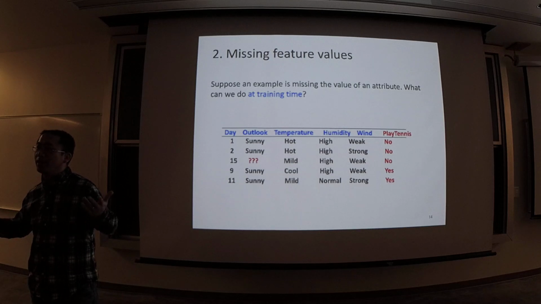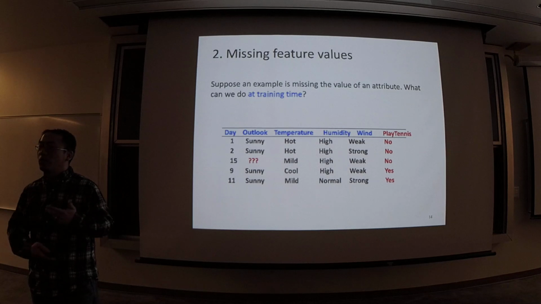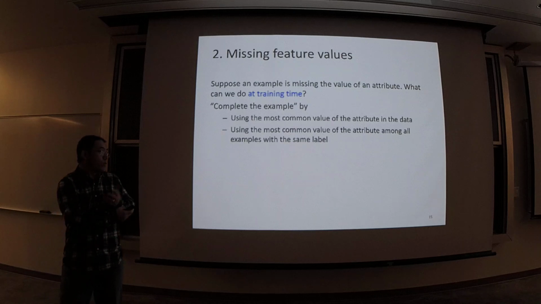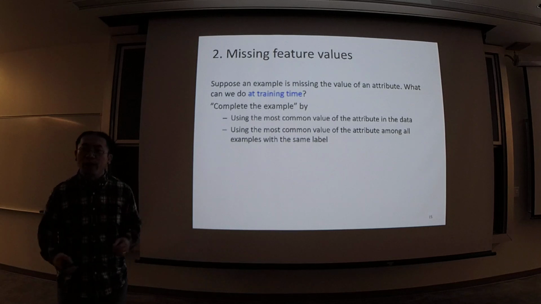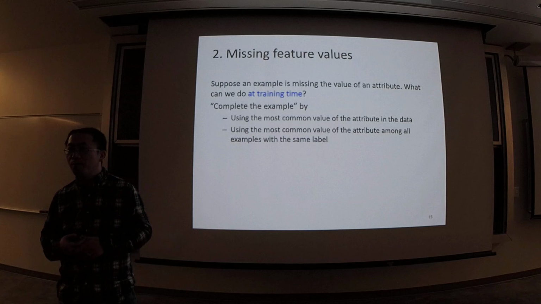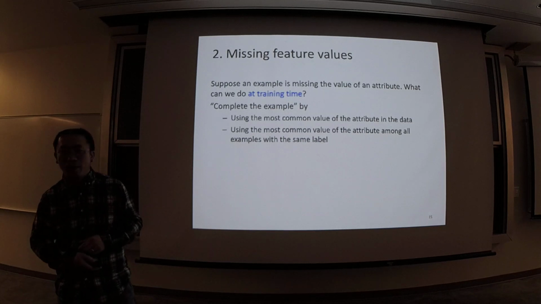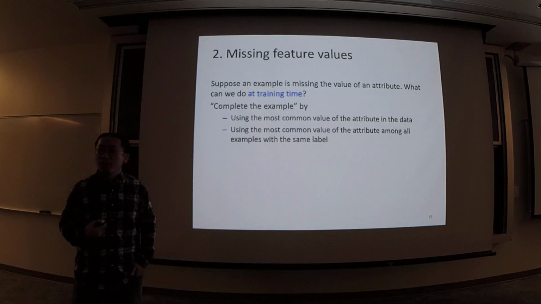It might be overcast as well, or it might be another value like sunny. Then I just complete it with sunny. The second approach, right? Both approaches try to find some most commonly used feature value and use that value to complete the missing feature value.